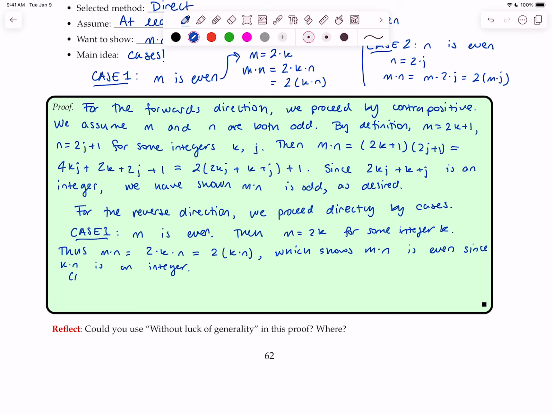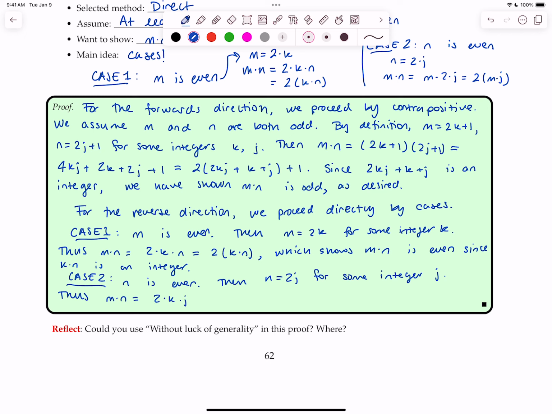Okay? And then you could do case 2, and it's very, very similar. So case 2, n is even. Then n is 2 times j for some integer j. And then you can say thus m times n is 2 times k times j. Or sorry, whoops, totally getting ahead of myself. We don't know anything about m. M is kind of unknown in this case, but we know what n is. It's 2j.